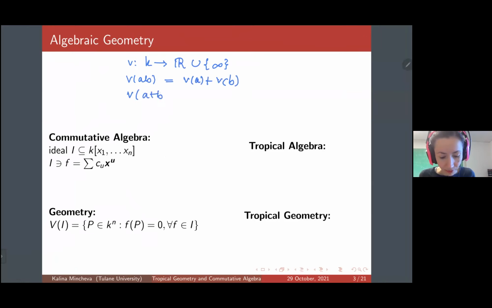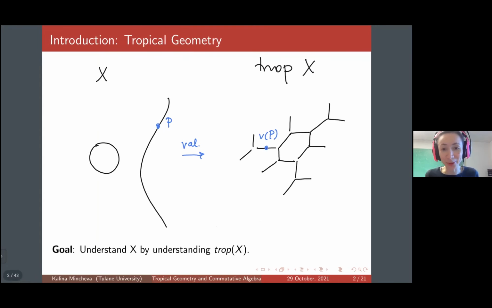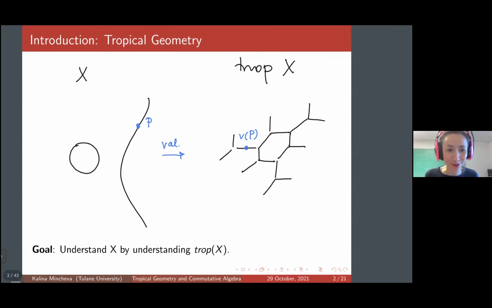And if I'm adding two elements and taking the valuation, this should be bigger or equal to the minimum of the valuations of these two elements, and 0 will go to infinity. So this is my map. This is a valuation. I can apply it coordinate-wise here to go from a point of the curve to a point of the tropical curve.